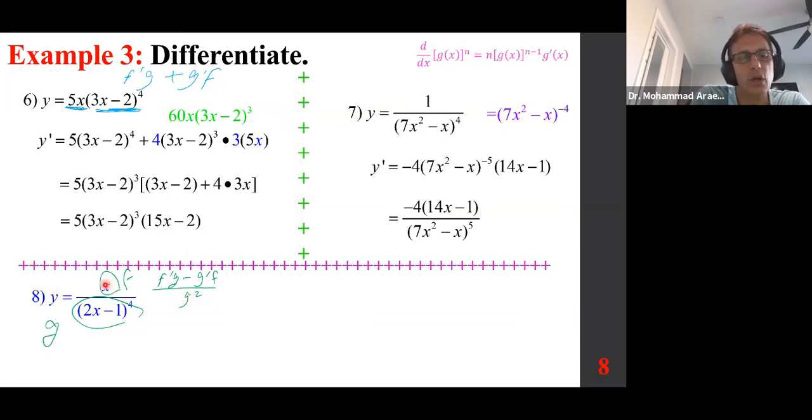So the derivative of the top is simply 1 times the bottom. Minus g prime uses the chain rule or the extended power rule. That's why you're combining the quotient rule with the chain rule. So this gives you 4 times 2x minus 1 cubed times 2, and then times the top over the bottom squared.